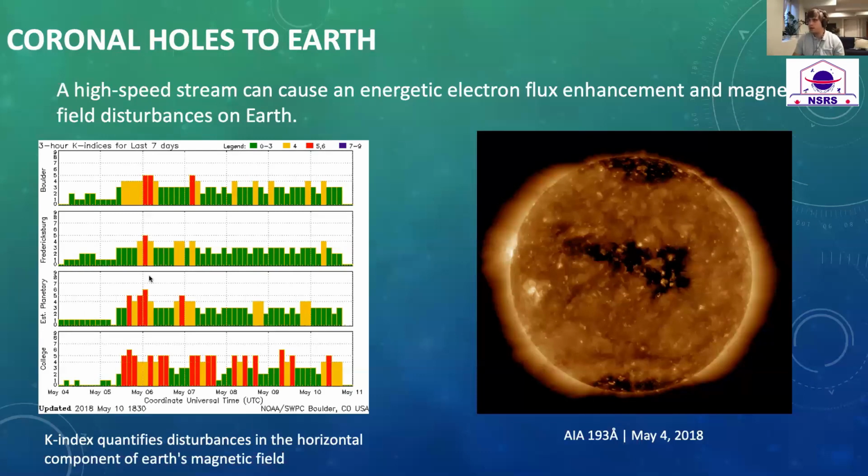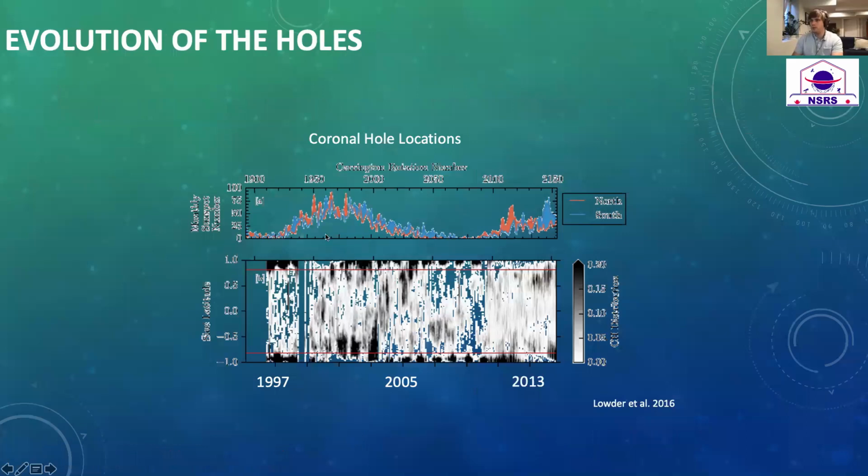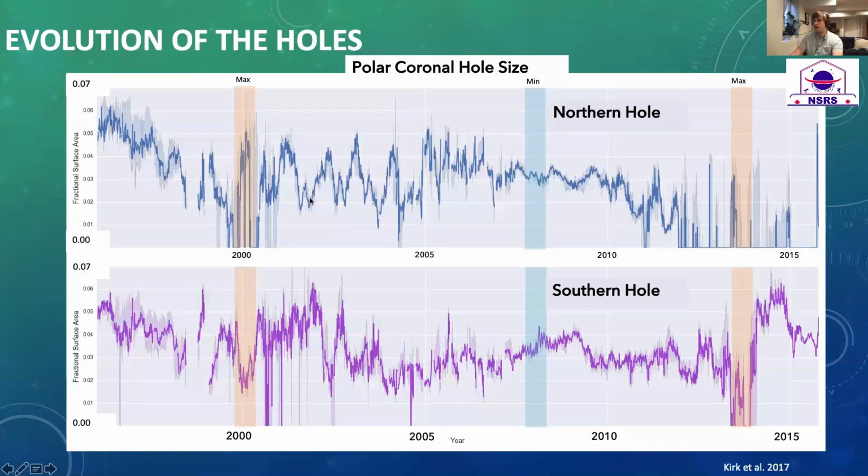As this coronal hole that I'm showing here rotated into view on May 4th, you can see that a couple days later, as the solar wind hit Earth, we went from a very quiet Kp index all the way to jumping up to a very active one, where things are very active.